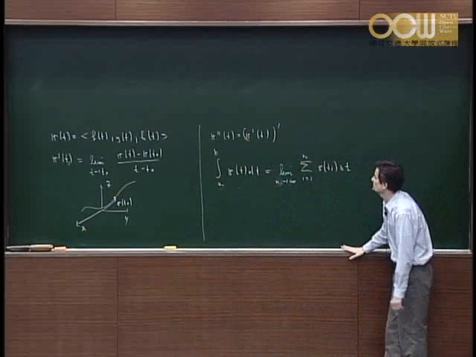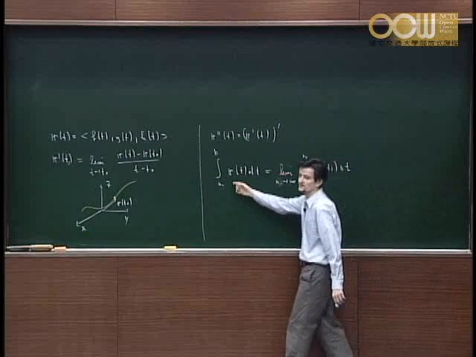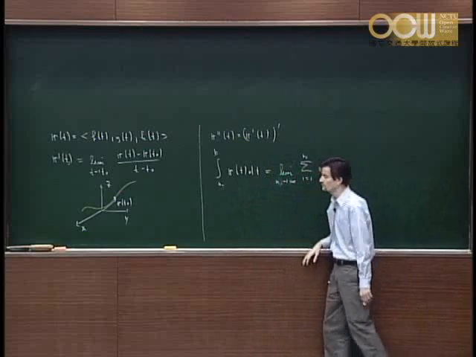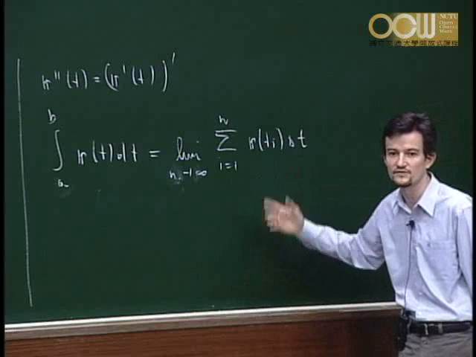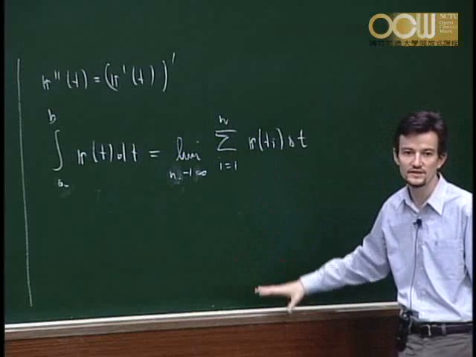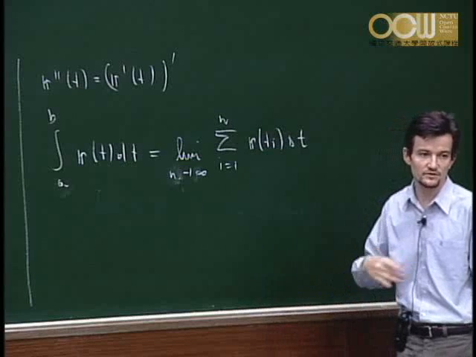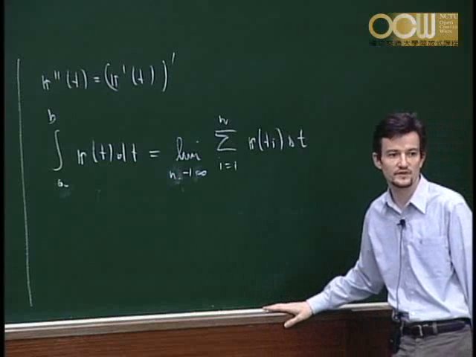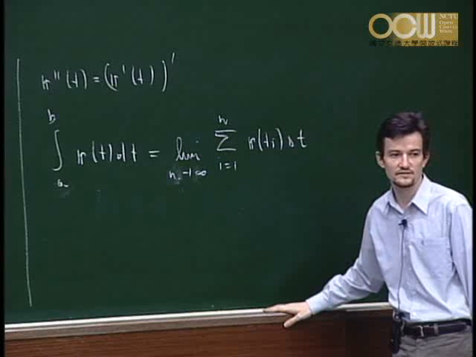Okay, so you can say we define an integral for vector functions by using this limit. But of course, you have to ask yourself, is this object useful? Why do we do this? Last semester, the motivation to study the integral was that we wanted to compute the area below the function and above the x-axis.